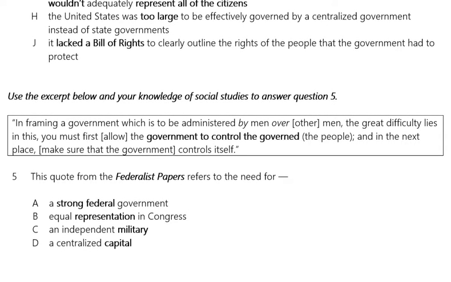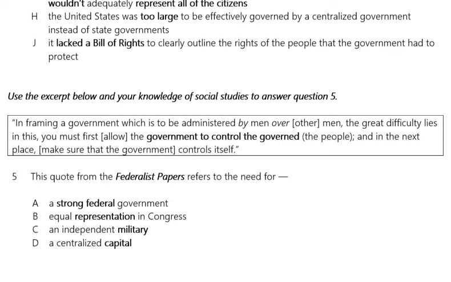Question number 5. This quote from the Federalist Papers refers to the need for: "In framing a government which is to be administered by men over other men, the great difficulty lies in this: You must first allow the government to control the people, and in the next place, make sure the government controls itself."